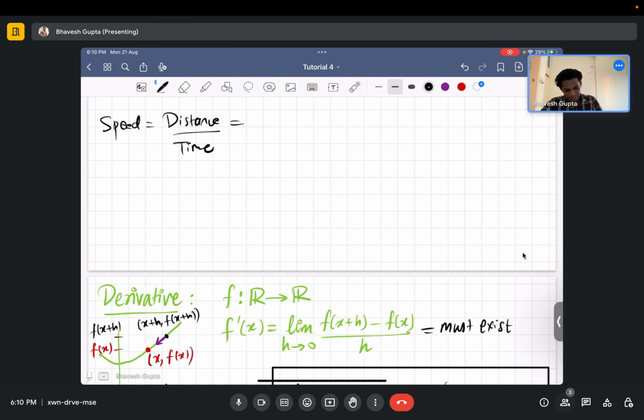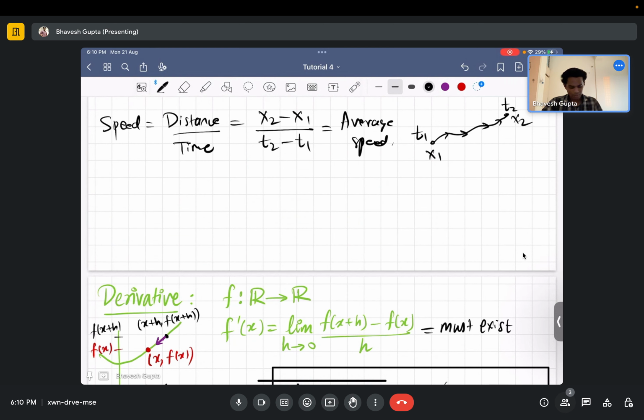Let's say you were at some position x2 in the end, and you started with position x1, and you started at time t1 and ended that particular path at the final point at time t2. So you calculate the ratio of these two differences, which gives you an average speed, right?